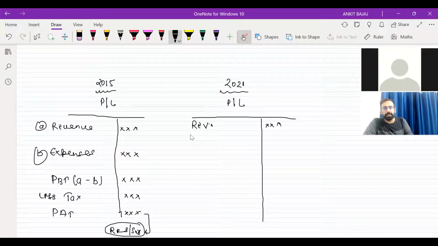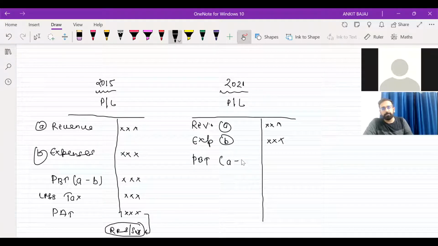After that, we will be recording expenses. Now, if I want to calculate PBT, the method will be the same, that is A minus B. Then we have to reduce taxes. Then here we will get PAT.